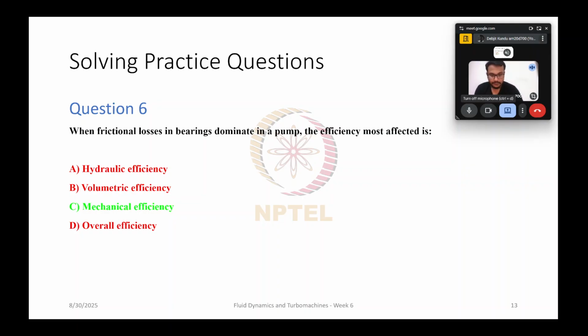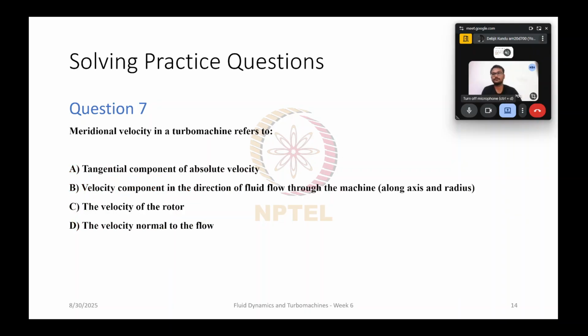All right, so let's move on to question number 7 now, which is asking us that the meridional velocity in a turbo machine refers to what? Is it option A, the tangential component of absolute velocity? Option B, the velocity component in the direction of fluid flow through the machine?